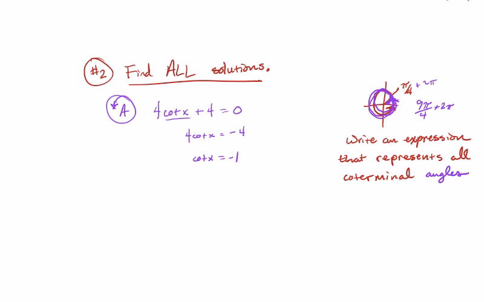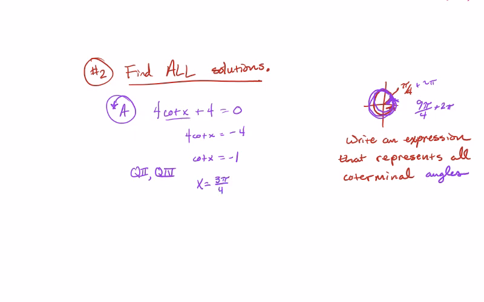So cotangent is negative in the same places as tangent. That's in quadrant 2 and in quadrant 4. Alright? And the angle that makes cotangent 1 is pi over 4. So in quadrant 2, x would be 3 pi over 4.